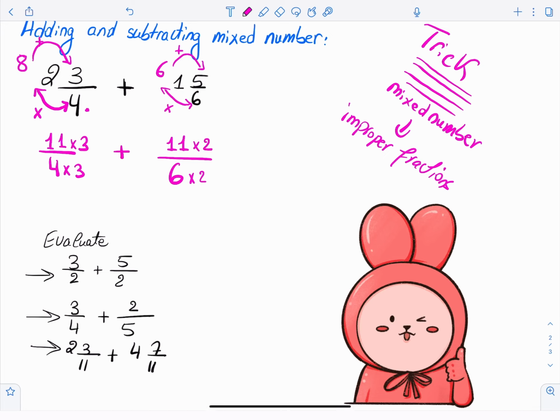Okay, let's do this. 11 times 3, 33, plus 11 times 2, 22. Okay, 33 plus 22 equals 55, and the denominator is the same.